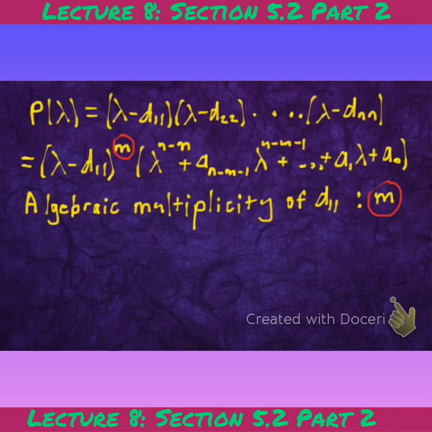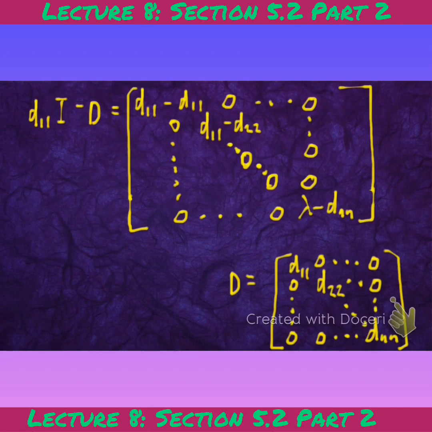geometric multiplicity. We need to determine the dimension of the eigenspace corresponding to the value D11. Remember, to get the dimension of that eigenspace we need to look at the null space.